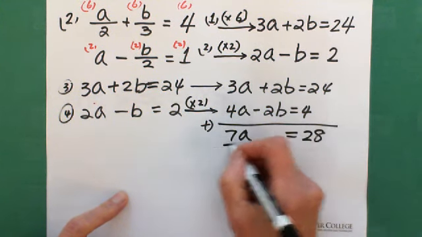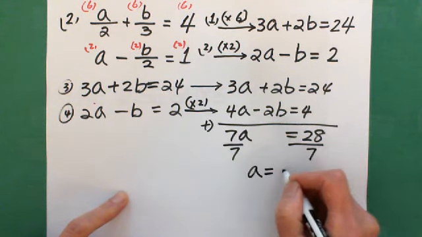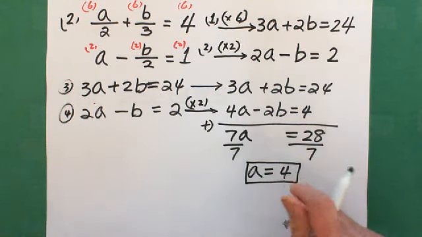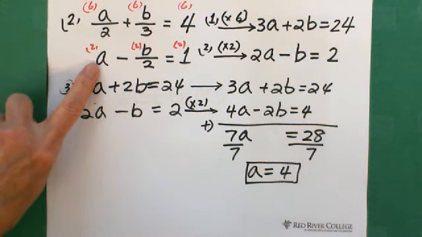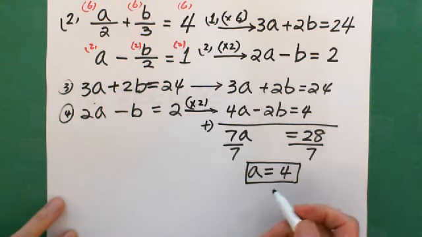Then divide by 7 on both sides, so a equals 4. After you get a equals 4, you can plug it into any equation. Let's plug it into the second one, a minus b over 2 equals 1.